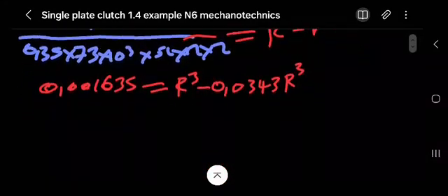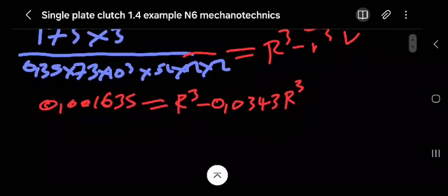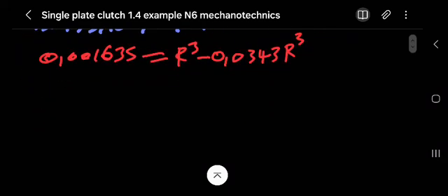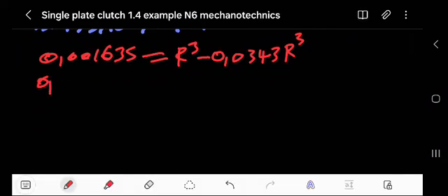That's what we have, right? So there we are left with maths now. 0.001635 is the same as 1, these are like terms, same as 1 minus, punch this on your calculator, 1 minus 0.343, right?